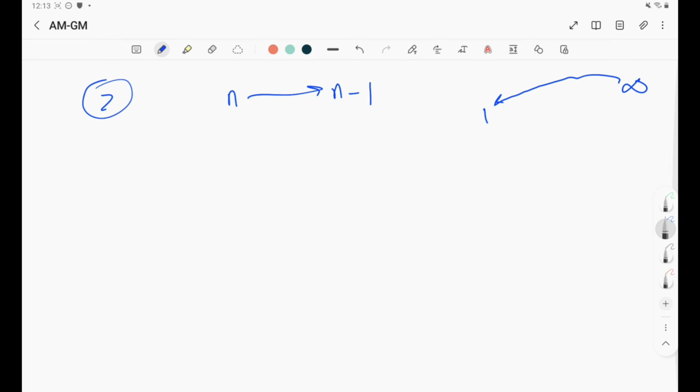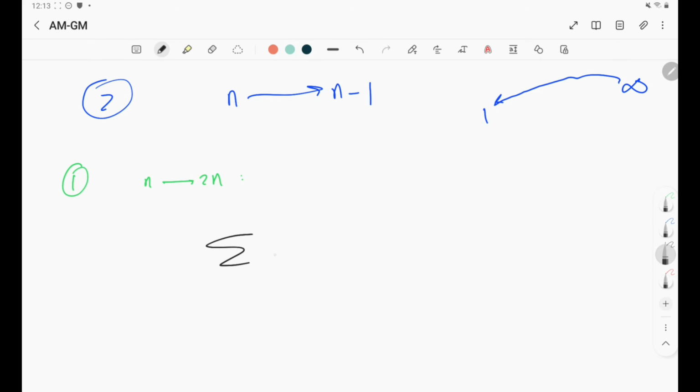So first of all, we'll begin with the first idea, first process, proving n to 2n. We'll assume that the AMGM is correct for n numbers, and we'll be working with 2n numbers. Of course, working with n equals 1 and 2 is really simple. So we'll just be working with n and proving it for 2n. So let's do that.